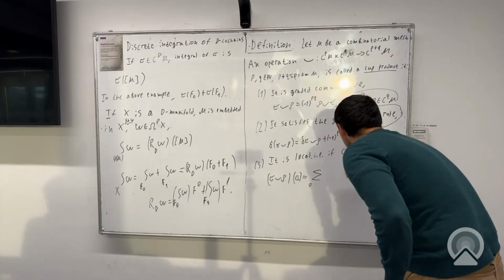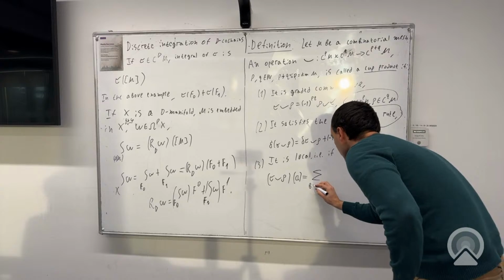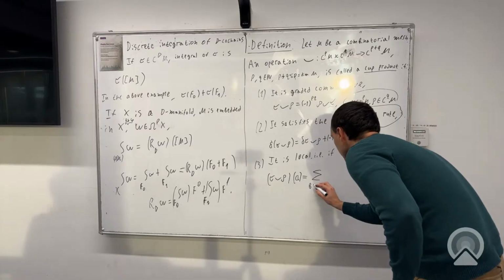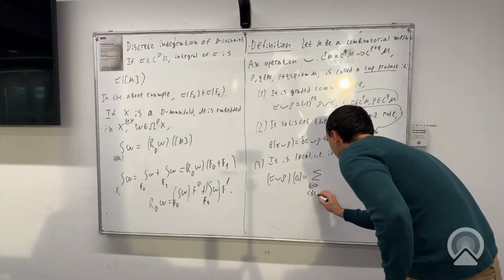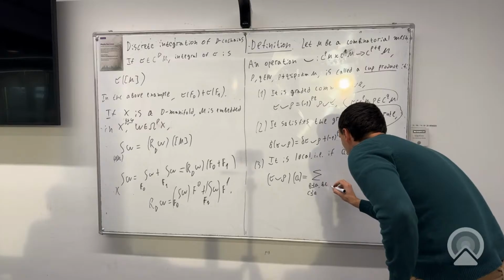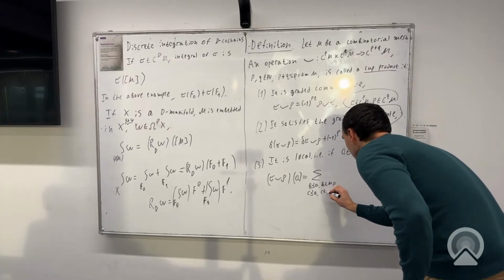I'll call it A, not C. Where B is in A and C is in A, and B is in M_P and C is in M_Q.